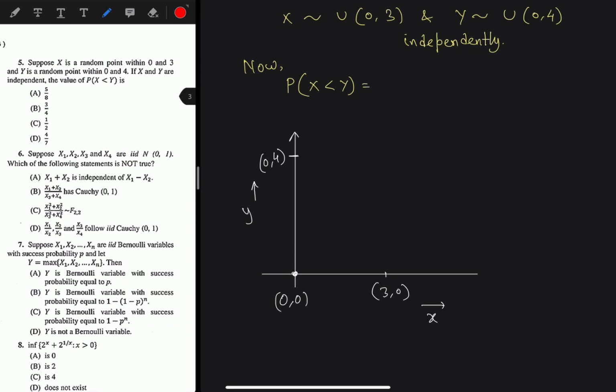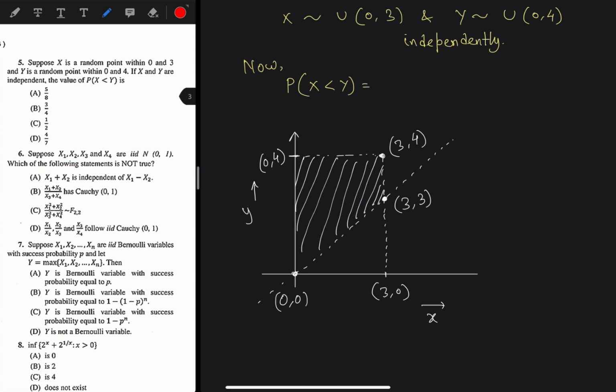Okay, so in this rectangle, we have to find the probability of capital X less than Y. So if x equal to y, the line goes through this point, and this is the intersection point, and this point is like 3,3, and this is 3,4.